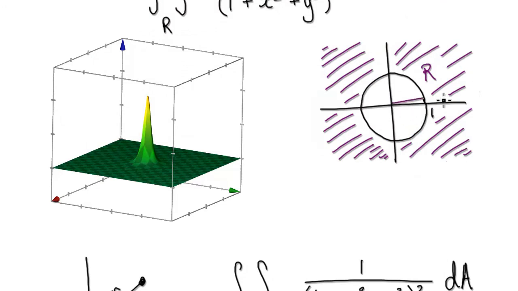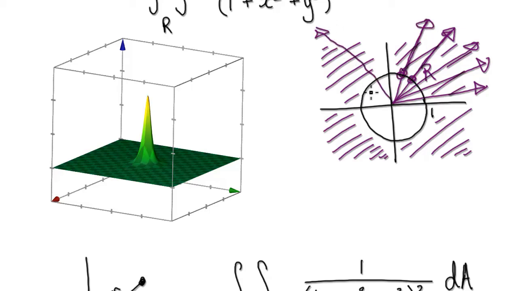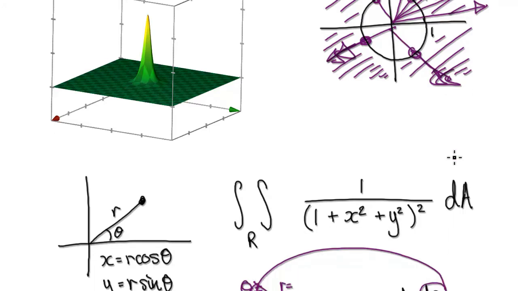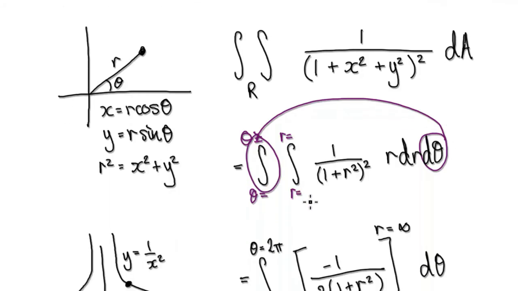The radius is always radiating away from the origin, but we are integrating from 1 to infinity. So r would be from 1 to infinity.